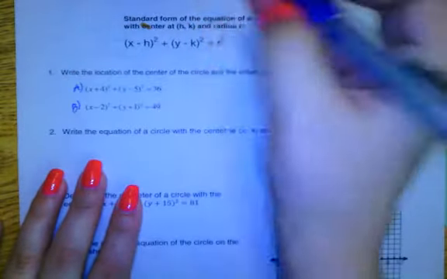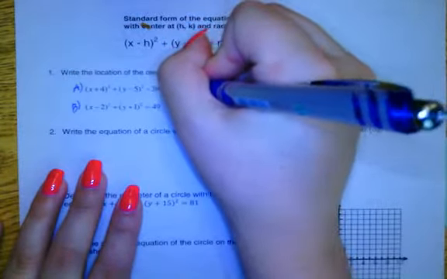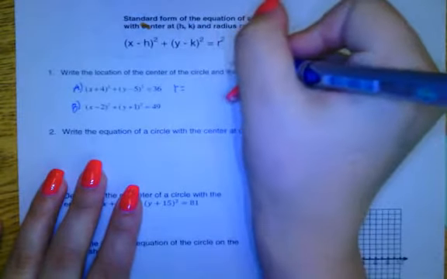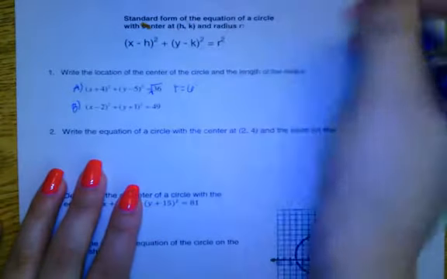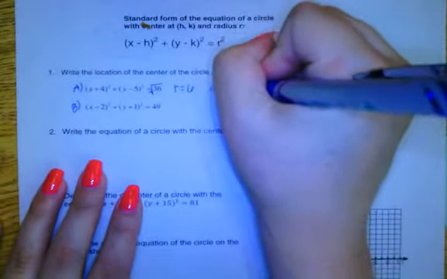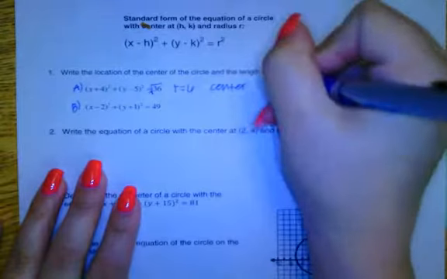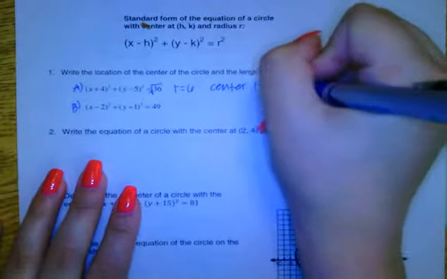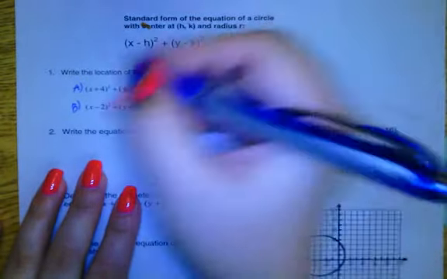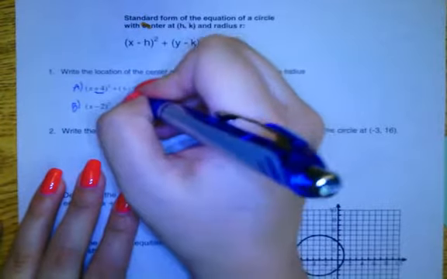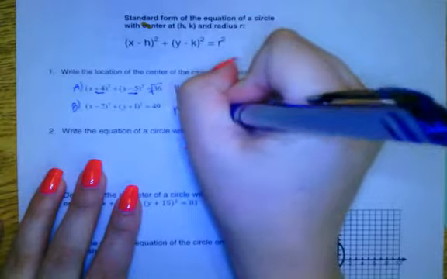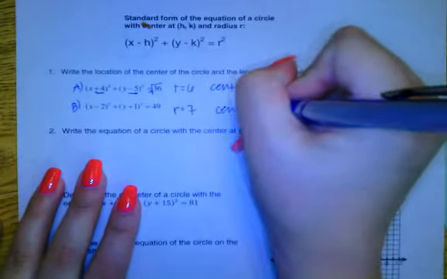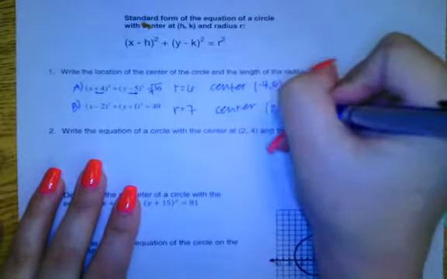What is the radius of A? 6. How'd you find that? Square root of 36. Okay, what is the center? Negative 4, 5. How'd you find that? You took the opposite of your terms. Okay, letter B, what's your radius? 7. And your center? 2 and negative 1. Very good.